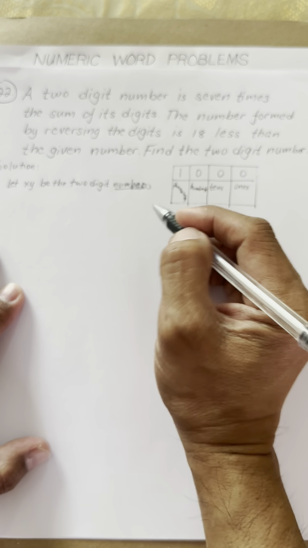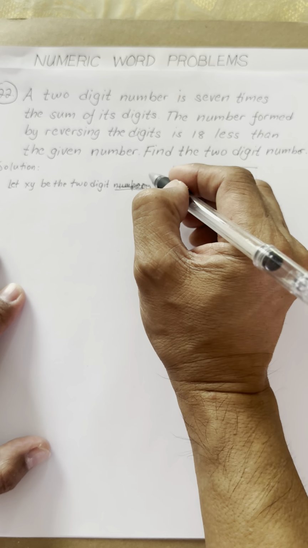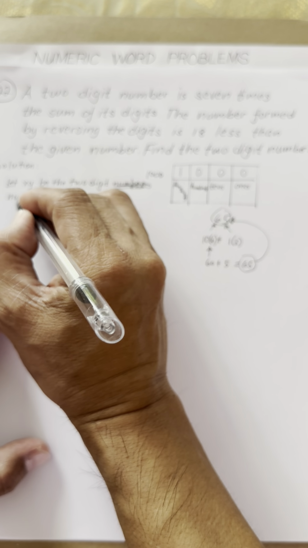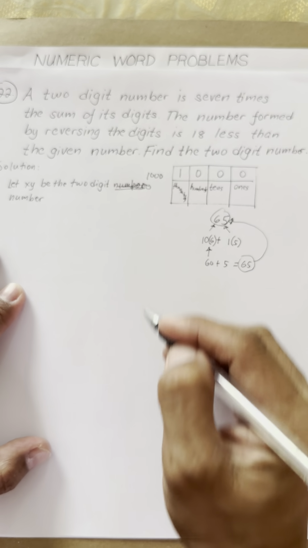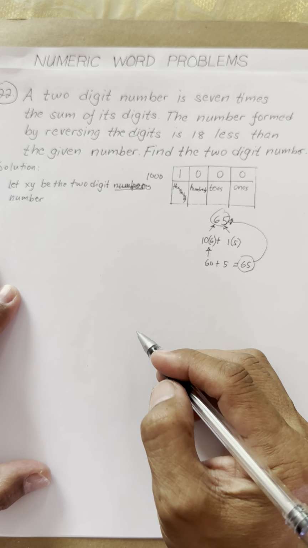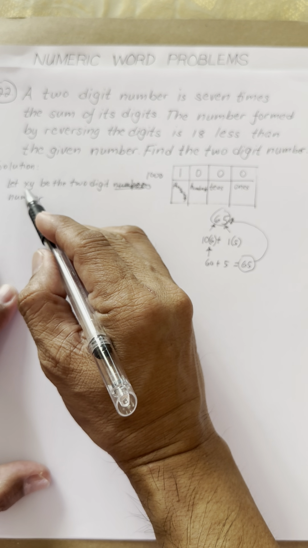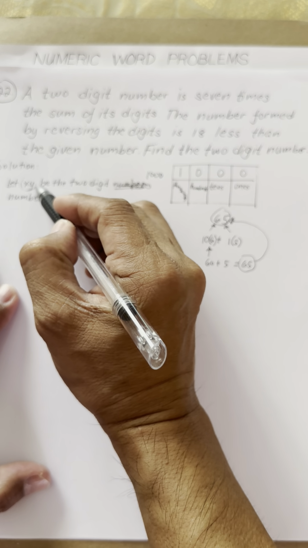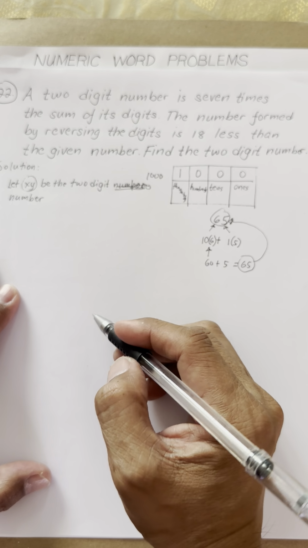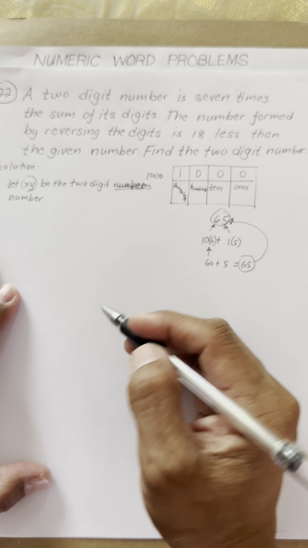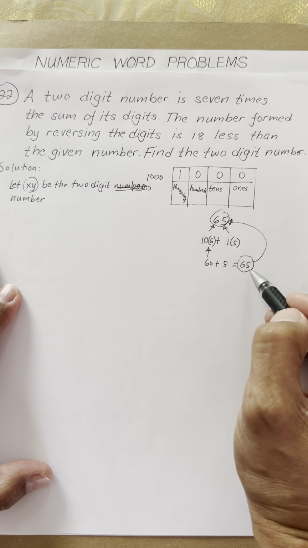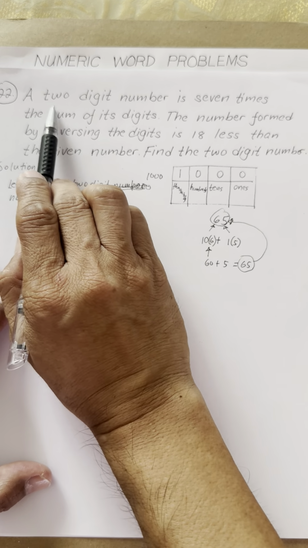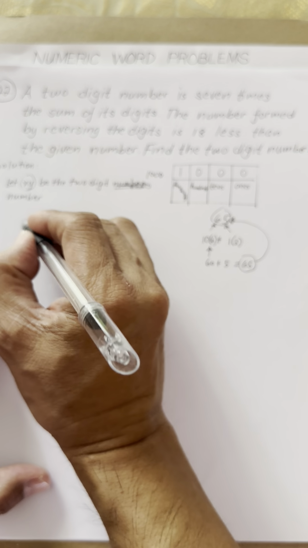So this is the first digit, and another digit. So this is called a two-digit number, xy. So if the number is 25, or if the number is 65, this is a two-digit number. One digit, another digit. Okay, so the problem says a two-digit number is, so we know that our two-digit number is xy.